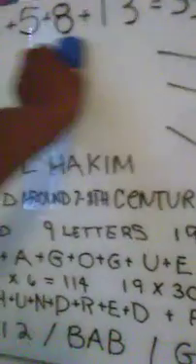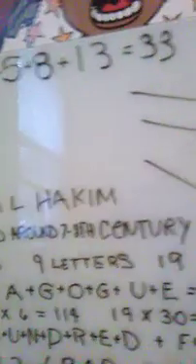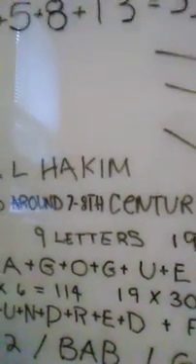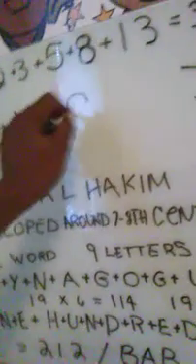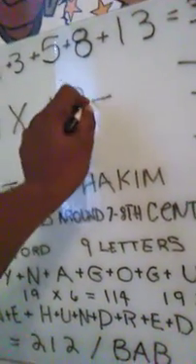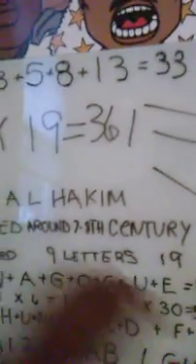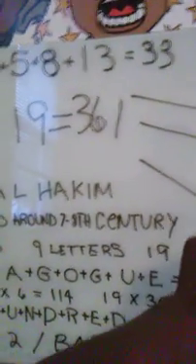So since it's precise, like 19 out of 19, we want to actually multiply 19 times 19, right? And it gets us 361, right? So since we know we're talking about dates, the 361 is related to the 615, the first Hijra.